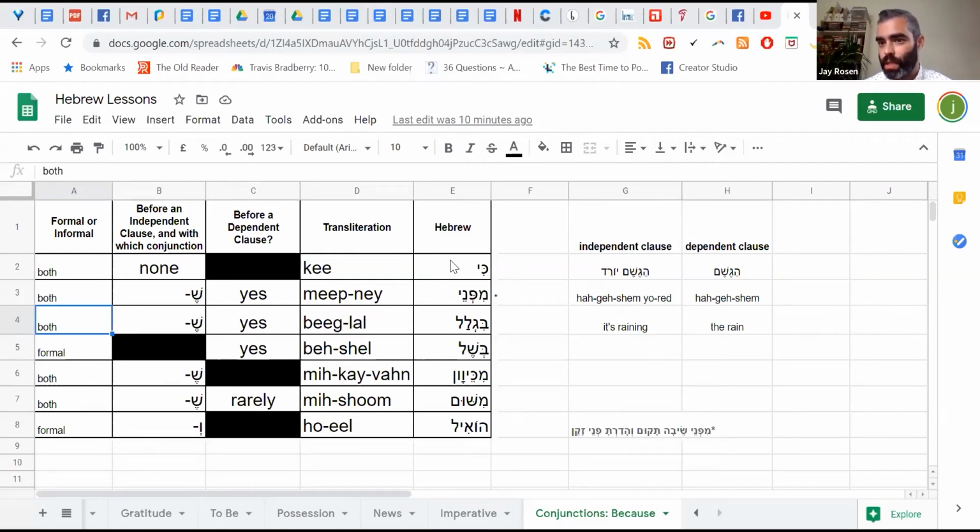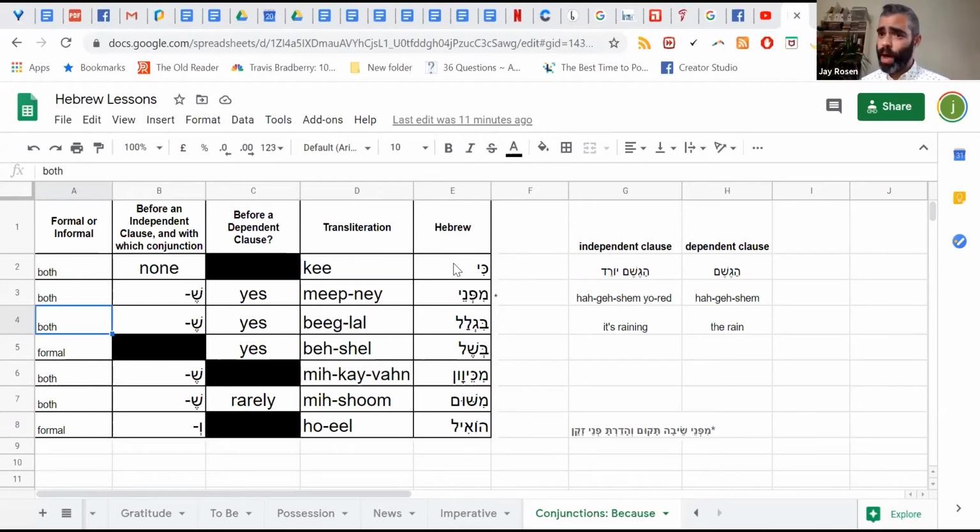All of the words that you see in this list mean because. Okay, so as you'll see, I did not write the word because except in the title sheet, because all of them get translated as because. You can be fancy if you want and say due to or because of, and we're going to get to because of in a bit, but all these get translated as because. Key is the most widely used.